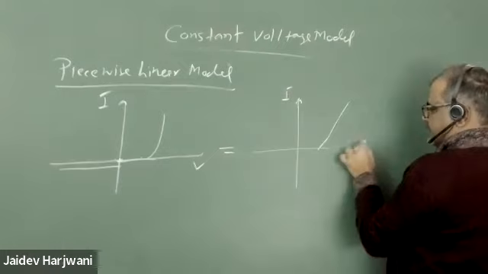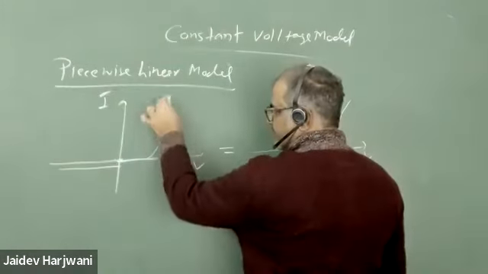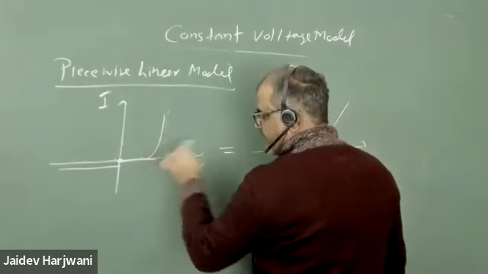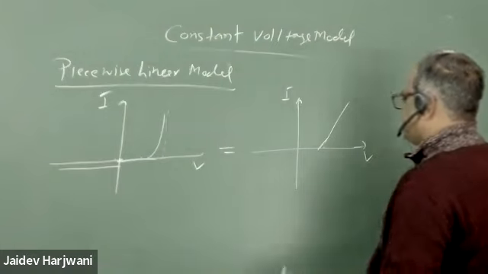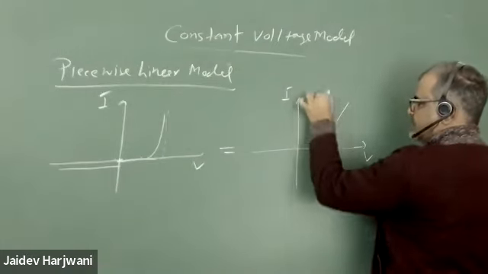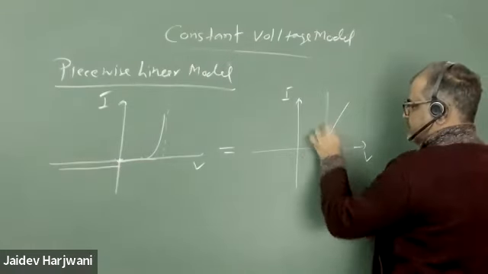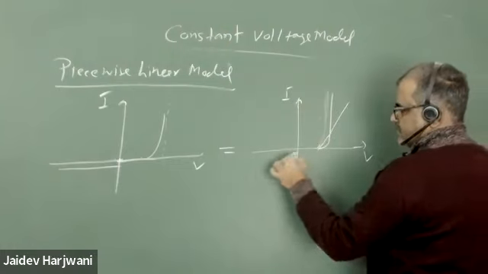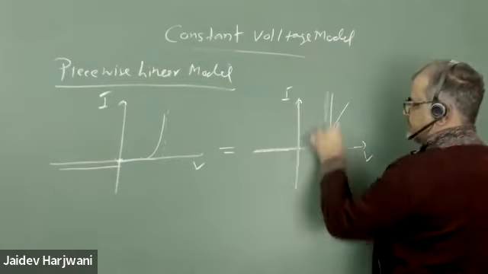So you have I, you have V. Here we are assuming that the diode resistance is almost zero, but because a diode has a finite resistance, this is your actual, and we are approximating it by a graph like this.